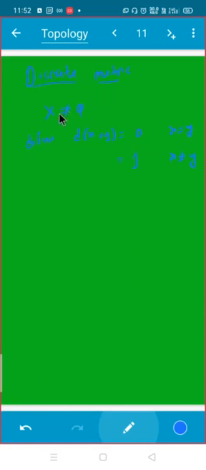So suppose I have a non-empty set X, and I am defining a metric like this: d of x, y is 0 when x equals y, and if x is not equal to y, it is 1. Correct? Now my question is, can you prove this is a metric?